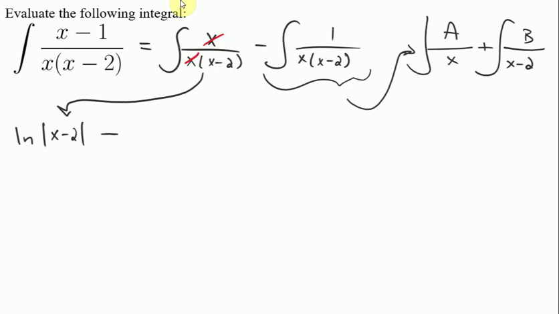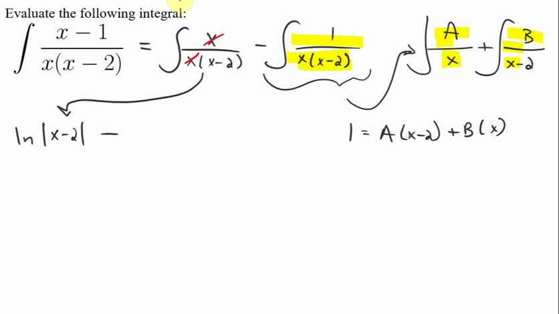So we know that 1, because 1 is over here, is going to be equal to a times x minus 2 plus b times x. Now, how do we know that? Well, 1 over x times x minus 2 is going to be equal to a over x plus b over x minus 2.